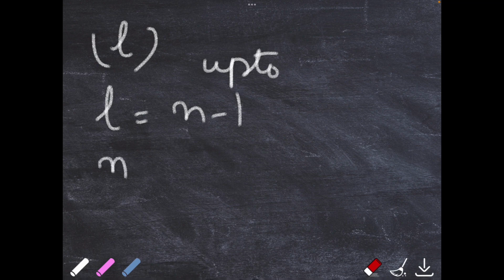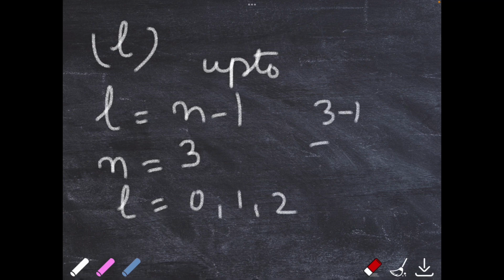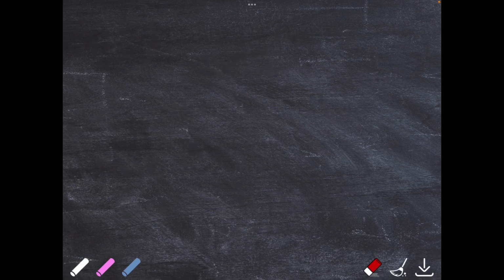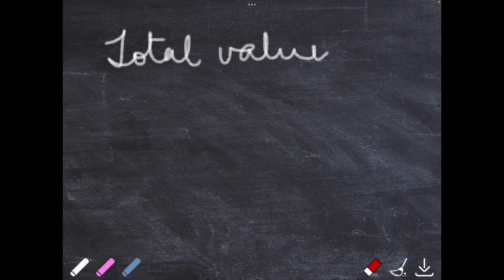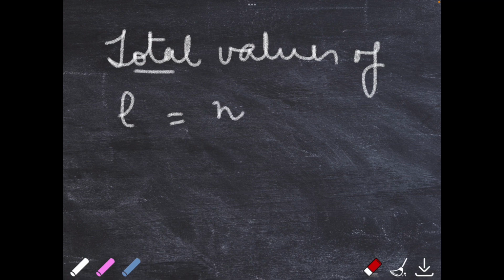For example, if n is equal to 3, l can have 0, 1, 2. That means up to n minus 1. Here n minus 1 is 3 minus 1, which is equal to 2. So it can have values up to 2. Another thing is that the total values of l is equal to n.